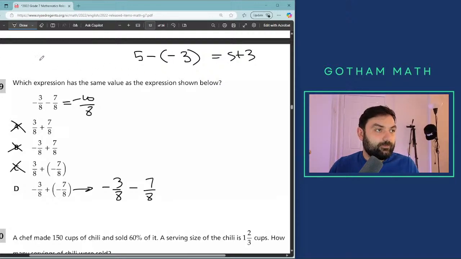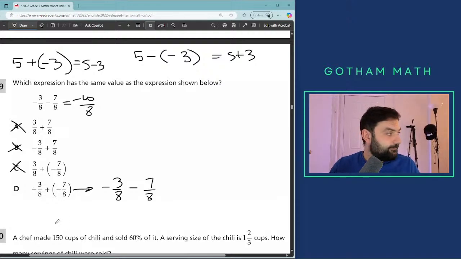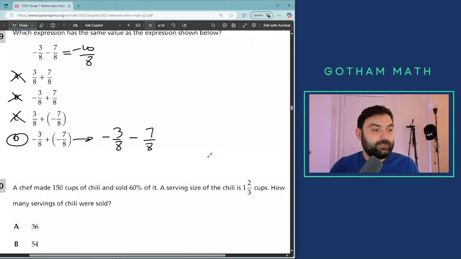But if you have 5 plus negative 3, plus minus turns into a minus. It will be just 5 minus 3. The same logic is here. You just need to know that plus minus is minus. Okay? This is it. All right. Next question is 20.